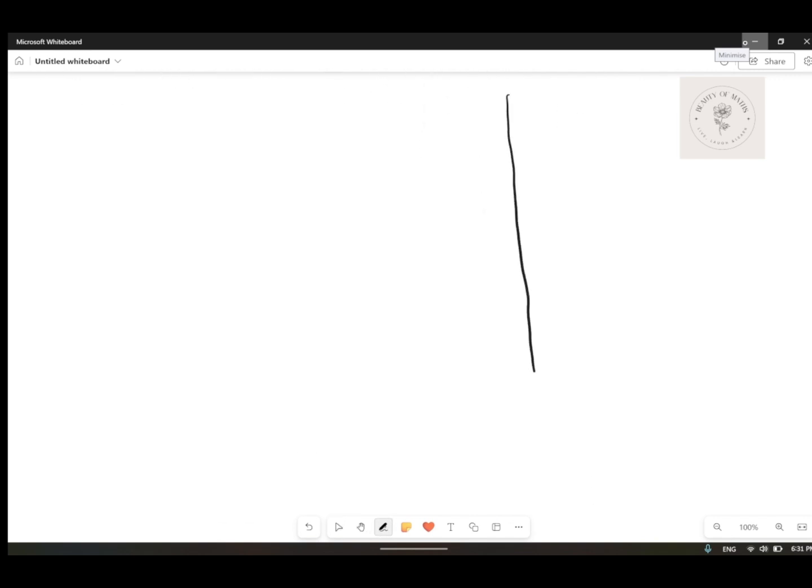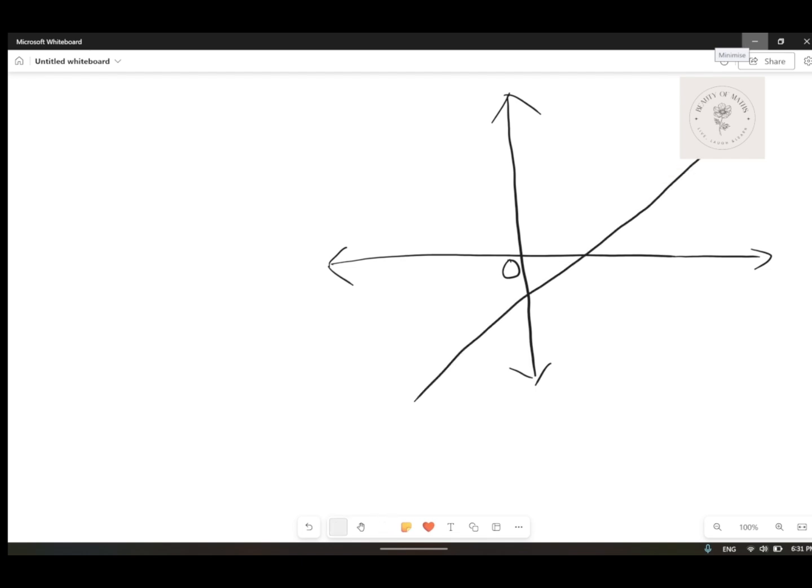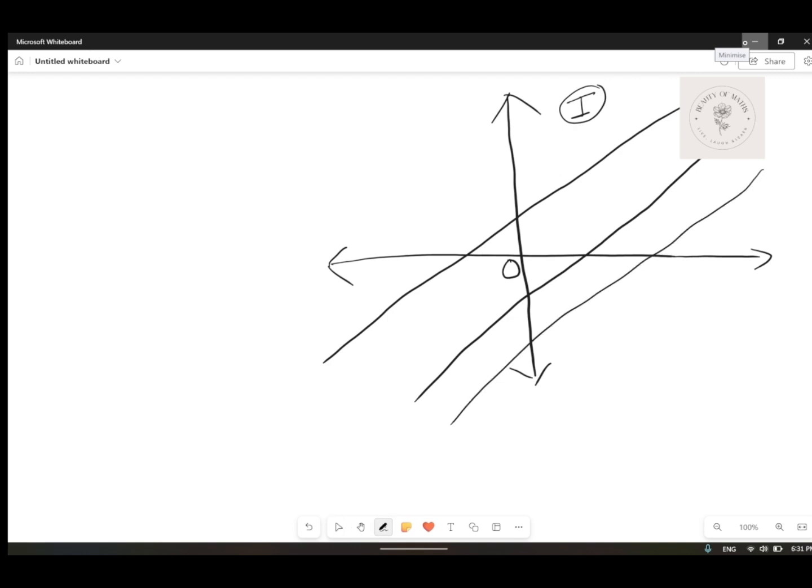Let's take another set of ascending lines. Now you might ask, what the hell is an ascending line? Now, the lines that are inclined to the positive x-axis. As you can see, these lines are in the first quadrant. So these beautiful lines over here, they are ascending lines.